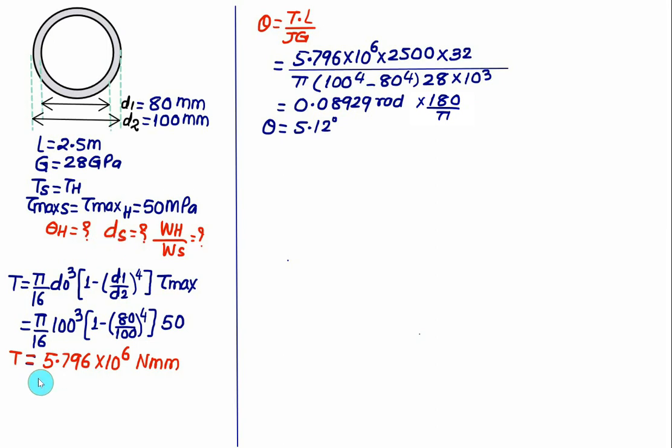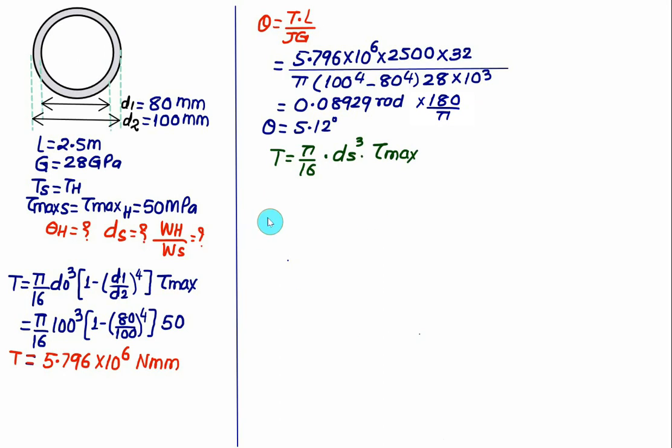Since we know the torque here, we can use the formula for a solid shaft. So for a solid shaft we have torque equal to pi by 16 multiplied by the diameter of the solid shaft cube, multiplied by the maximum value of the shear, that is tau max.